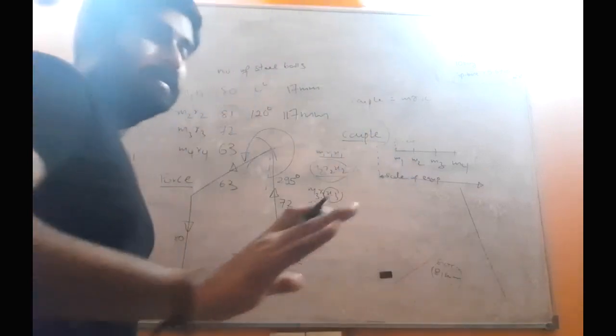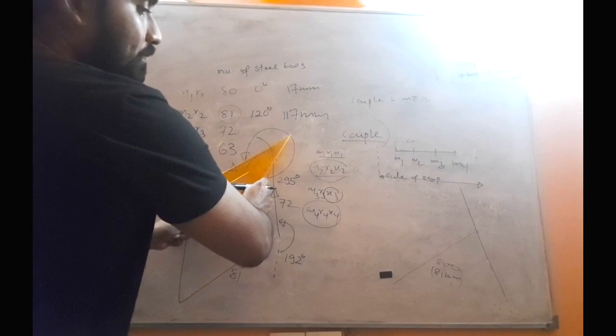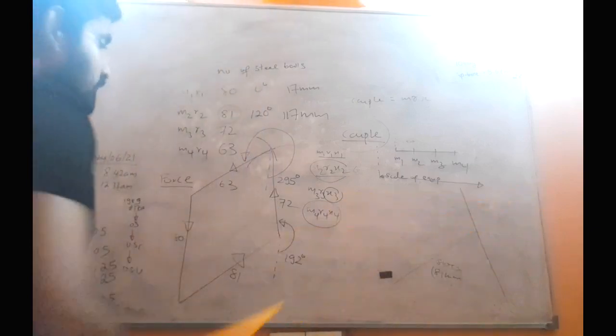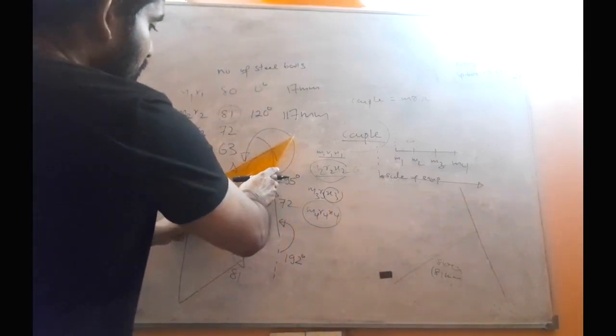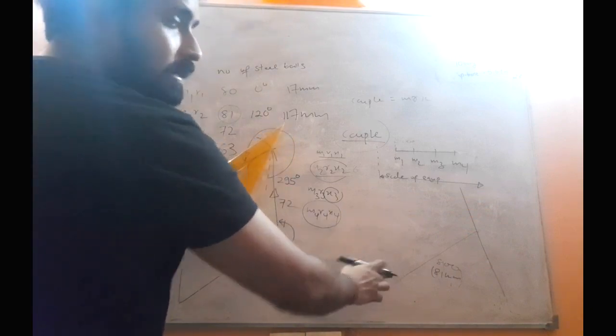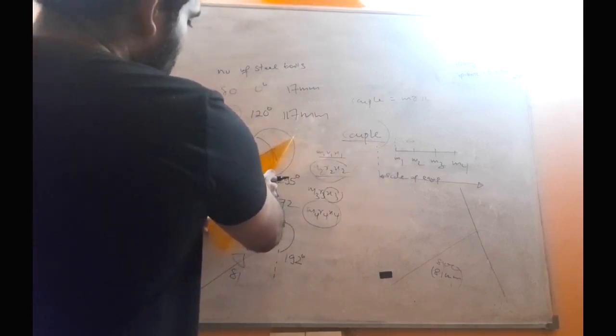Now don't worry about that. Just focus on the fourth vector. Anyhow the polygon must get completed, so use the tools. It must be parallel to this vector and it should pass through this point in order to complete the polygon.